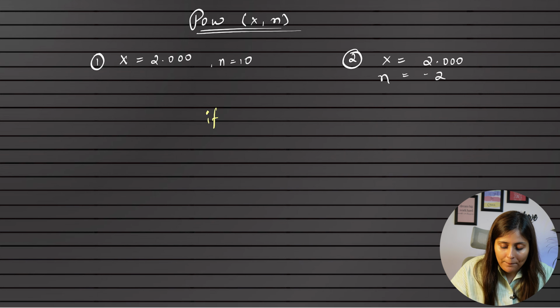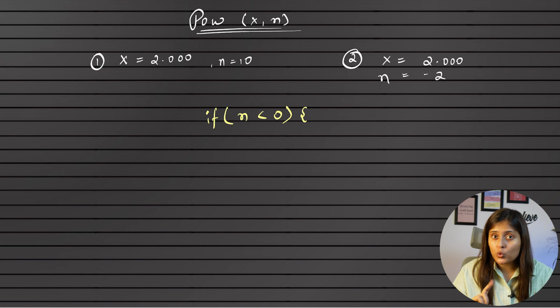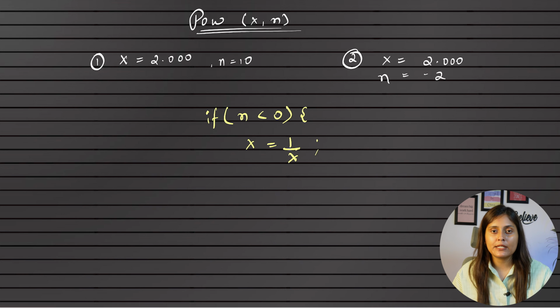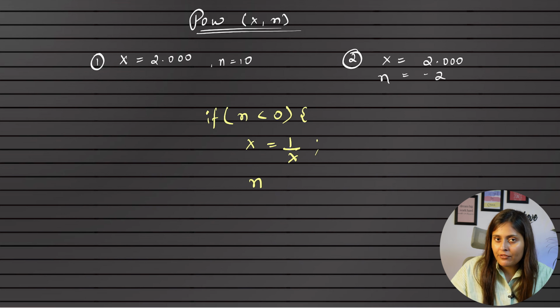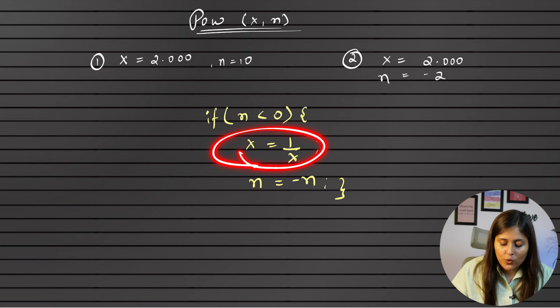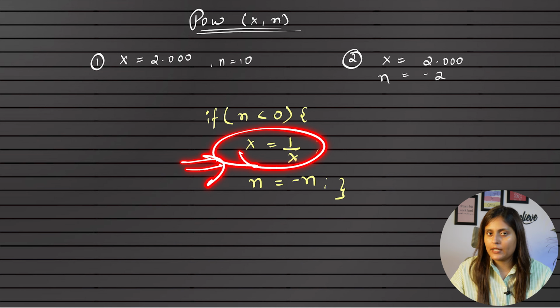Can I say one thing? That if my n is negative, means if my power is negative, I want to do two things. First, I want my x to be 1 by x, because 2 needs to be 1 by 2, correct? And the power is negative, right? So I want to make it positive. Why? Because the negative sign is only to make the numerator into denominator, correct?